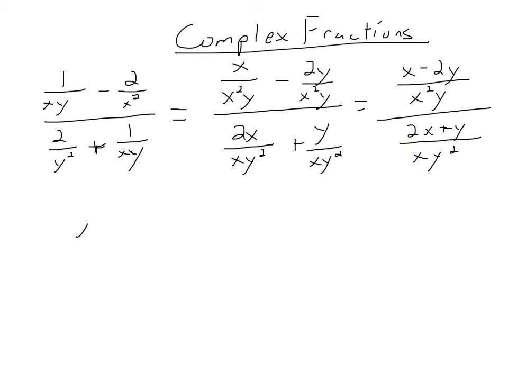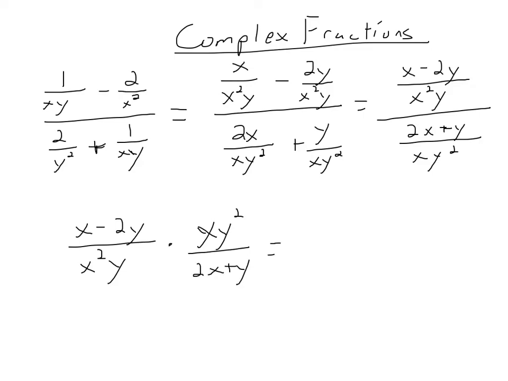So that will be x minus 2y over x squared y times xy squared over 2x plus y. Now again, before we actually multiply, we should cancel out terms where we can.